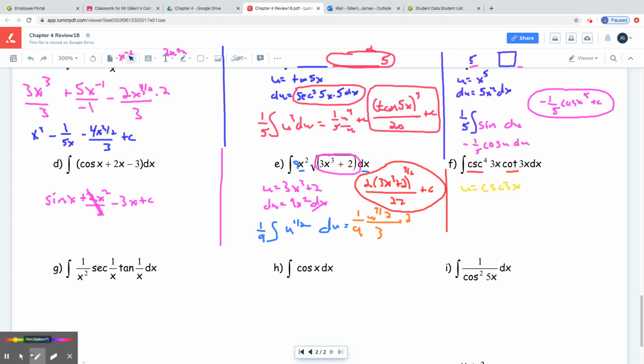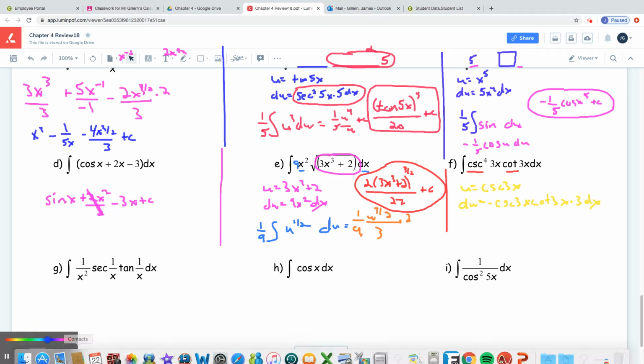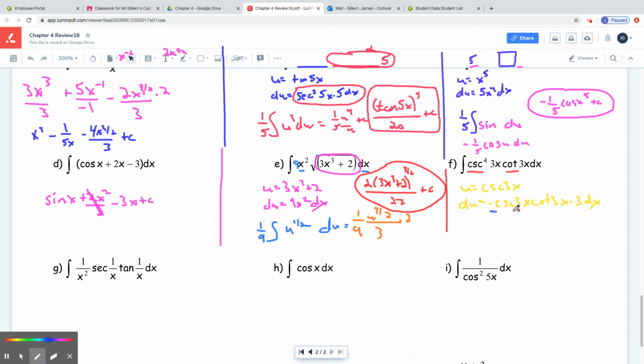The derivative of cosecant, you can look that up on your formula sheet, is negative cosecant, keep the inside the same, cotangent, keep the inside the same, times the derivative of the inside, which is 3 dx. So I need all of this. Well, there's cotangent 3x dx.